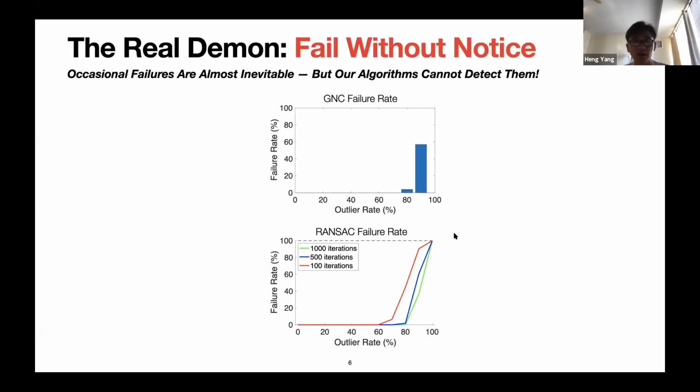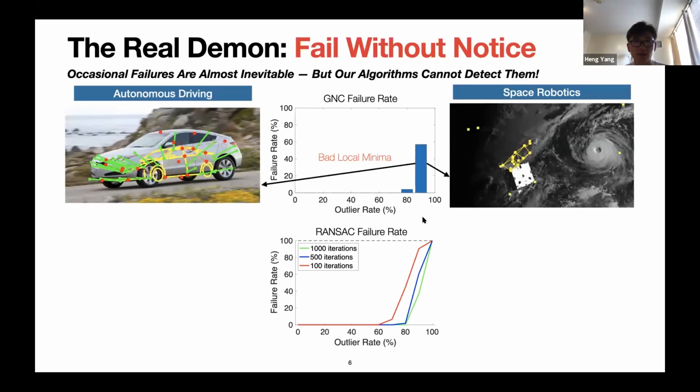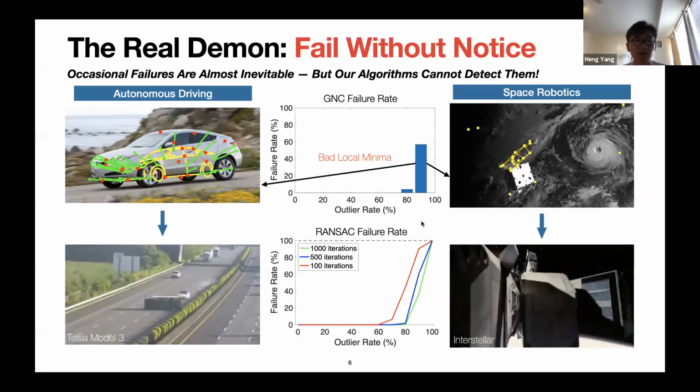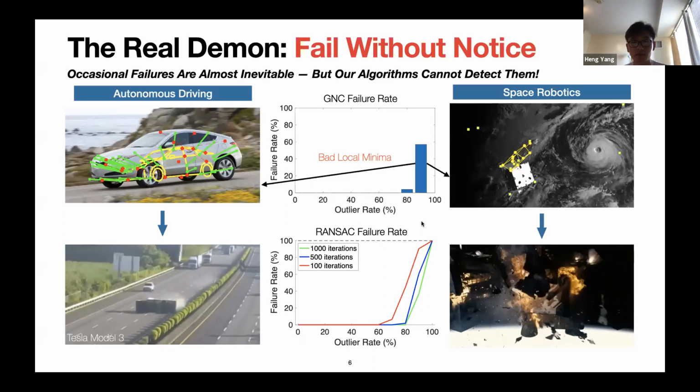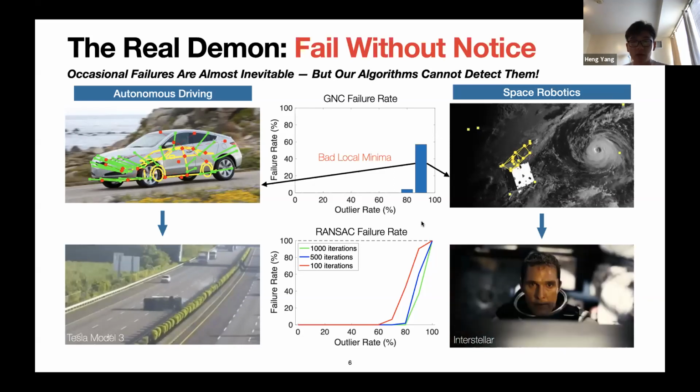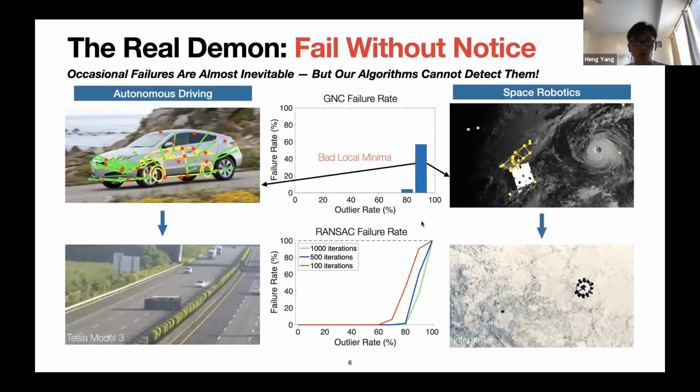On one hand, if we are applying these algorithms to entertainment applications such as AR and VR, then probably you don't really care about these random failures, because they don't necessarily give you catastrophic results. But if you are applying these algorithms to safety critical applications such as autonomous driving or space robotics, then these bad local minima translate to catastrophic damage to either human life or machines that could be really expensive. We just cannot afford these failures.